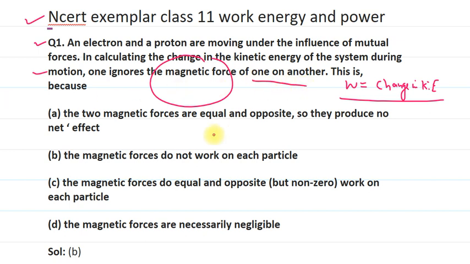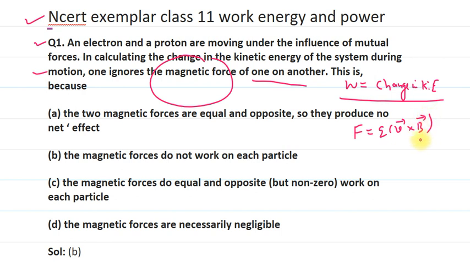So students, whenever you study the magnetic forces chapter in 12th class, these magnetic forces basically do not do any type of work. Magnetic forces simply change the direction of motion of the particles. So the magnetic force formula is simply F = q v vector cross B vector.